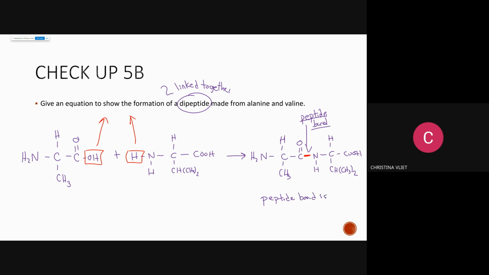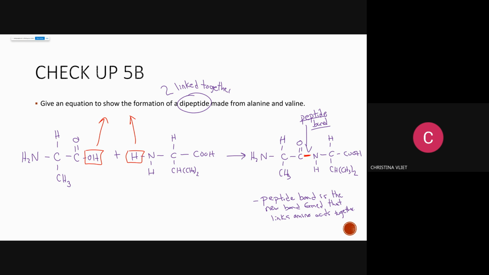The peptide bond is a new bond formed that links individual amino acids together. So it's actually called the amide bond. The bond that makes it an amide is called the peptide bond.